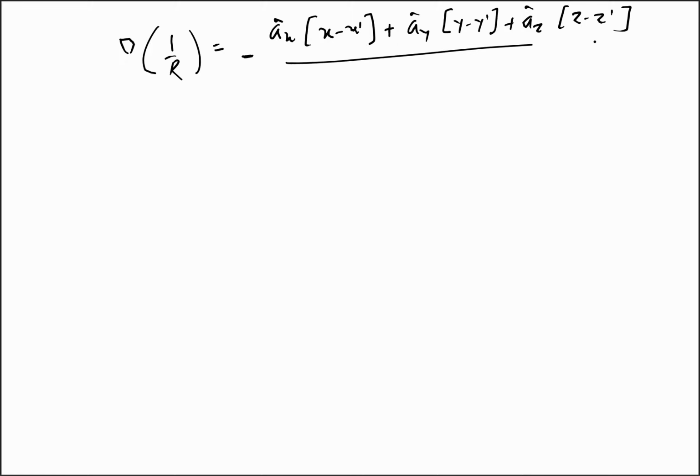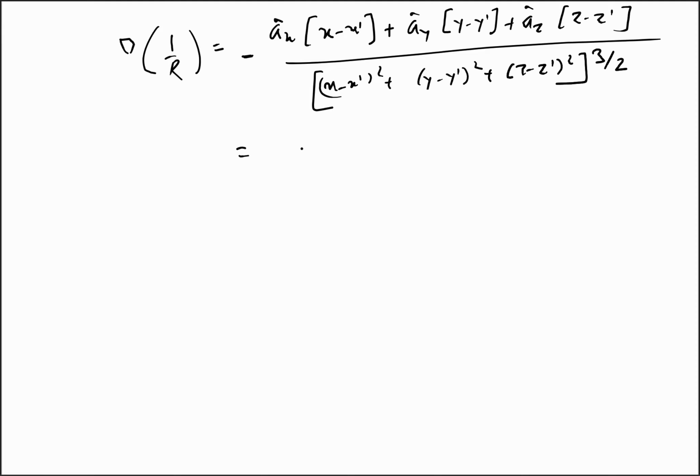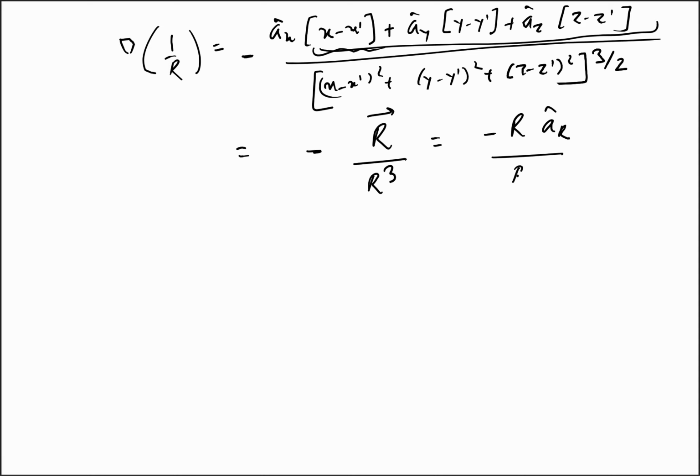Now r cube is simply (x minus x dash) square plus (y minus y dash) square plus (z minus z dash) square raised to power 3 by 2. Now this whole quantity is simply the vector r over r cube, so I can write it as minus ar over r square.